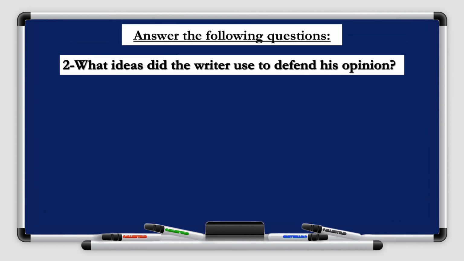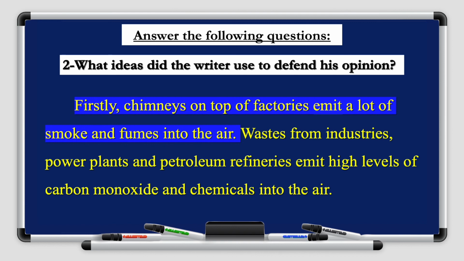Question number 2. What ideas did the writer use to defend his opinion? Again, we have to locate what we need from the text itself. As you can see in the slide, firstly, chimneys on top of factories emit a lot of smoke and fumes into the air. Wastes from industries, power plants, and petroleum refineries emit high levels of carbon monoxide and chemicals into the air.